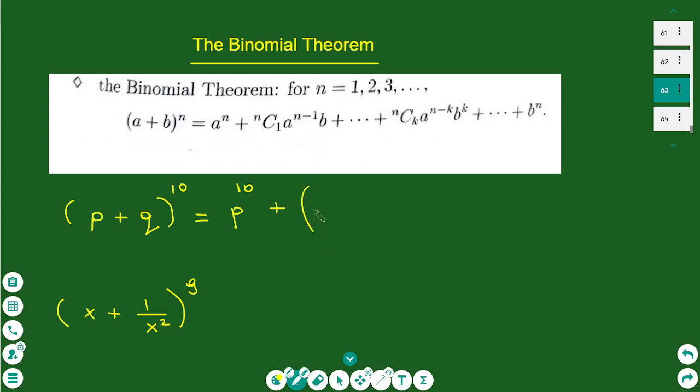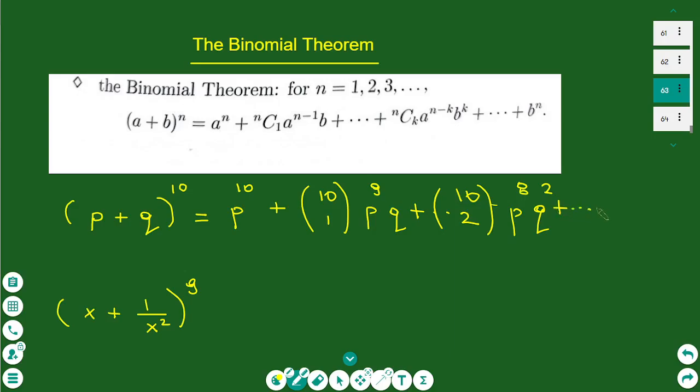C(10, 1) p to the power of 9 q plus C(10, 2) p to the power of 8 times q to the power of 2, and so on.